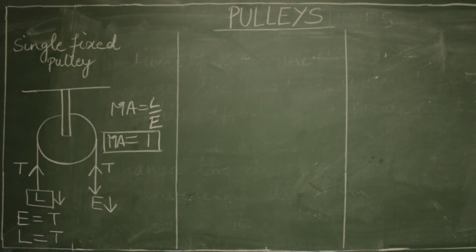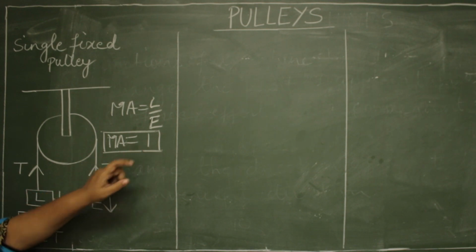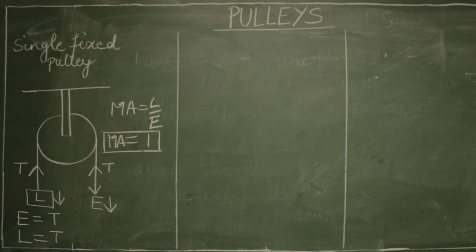Definitely here I have assumed that there are no losses taking place because of friction between the rope and the rim or for any other reason, and hence mechanical advantage is 1. However, in actual practice, the mechanical advantage of a single fixed pulley is never 1, it is always less than 1. But for now, we will consider the ideal situation only.